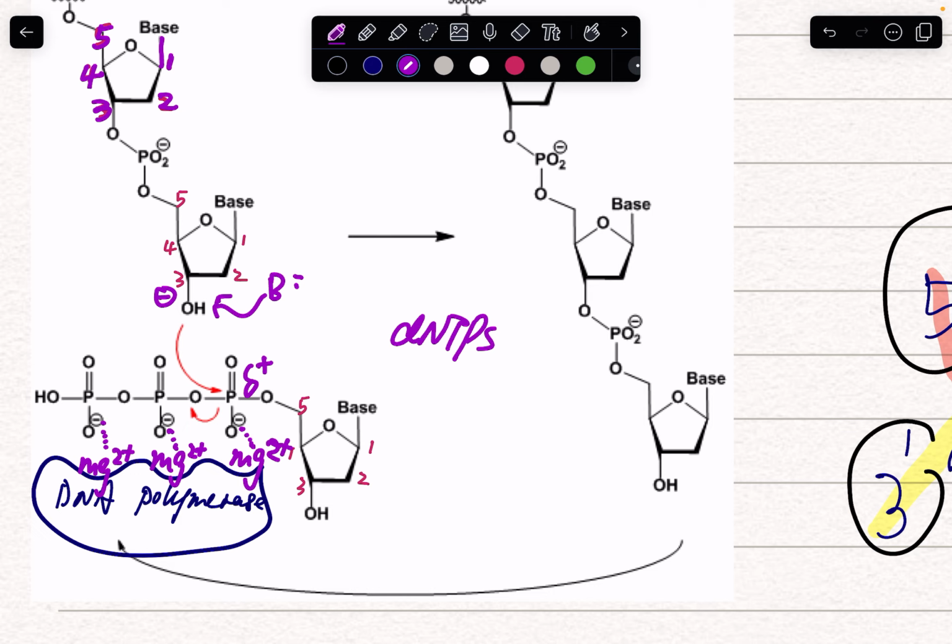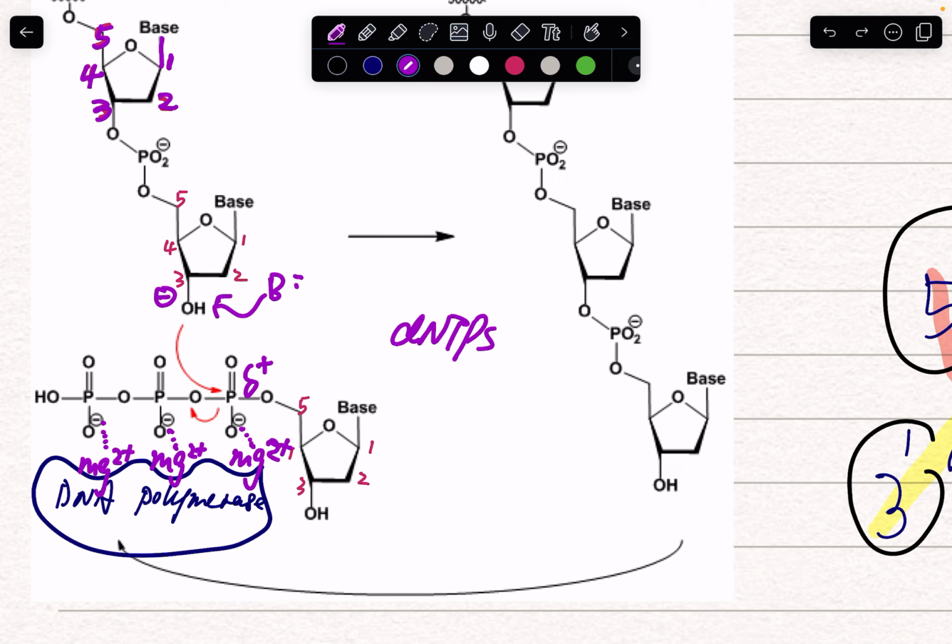In this case, this special covalent bond draws away the negative charge of the oxygen, and the negative charge is also stabilized by the positive cofactor magnesium 2+. All these reasons combined make my phosphorus partial positive.